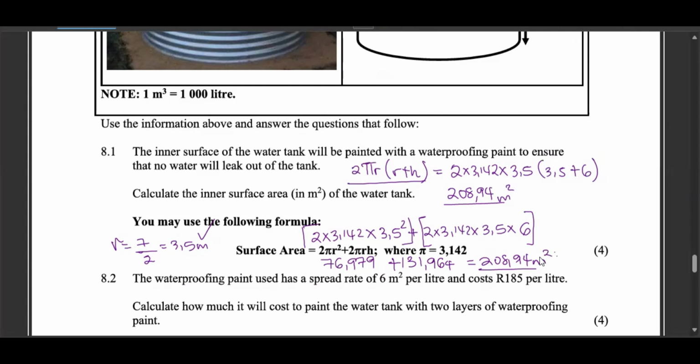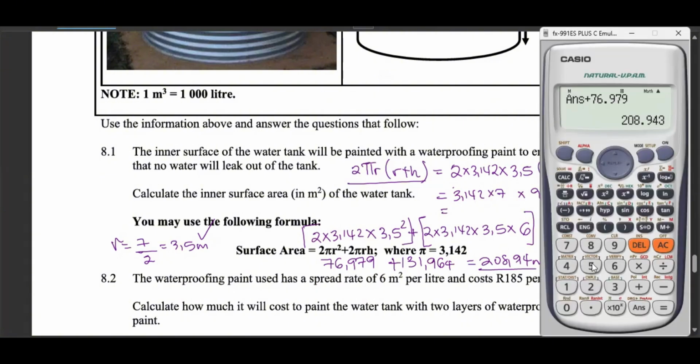After substituting, you tell us the answer that you get for each term. It could be the same as this one here. Remember, we are looking for marks. How do we come up with the 4 marks? 2 times 3,5 is the same as 7, so it will be 3,142 times 7 times 9,5.